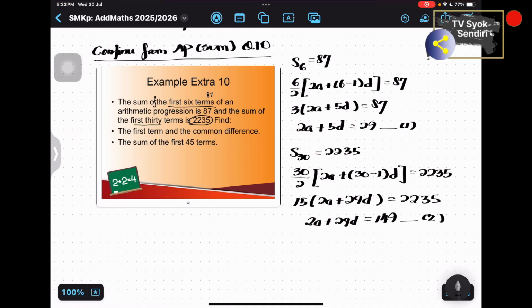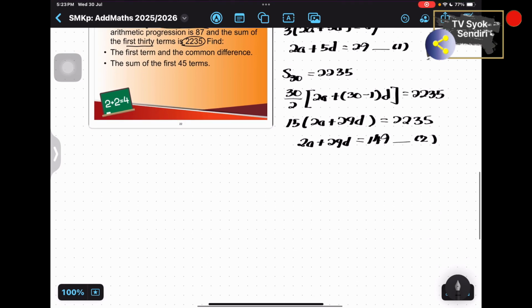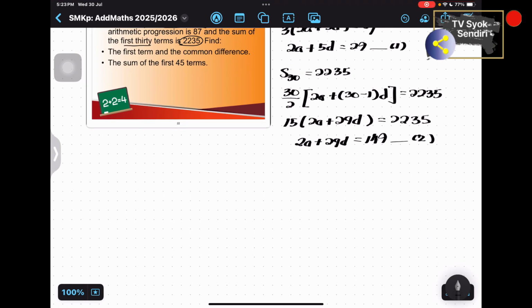I'm going to call this one equation 2. So I believe that you guys already know what I'm going to do, right? Congrats for those actually getting the correct answer. I'm going to eliminate, so I'm going to use equation 2 minus equation 1.